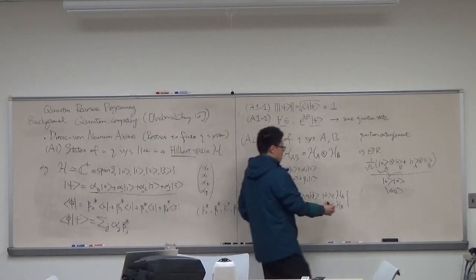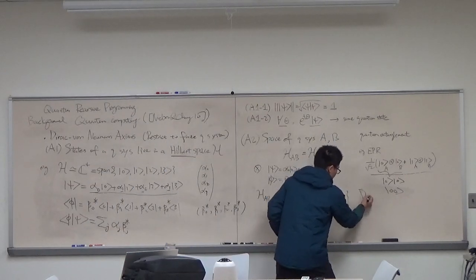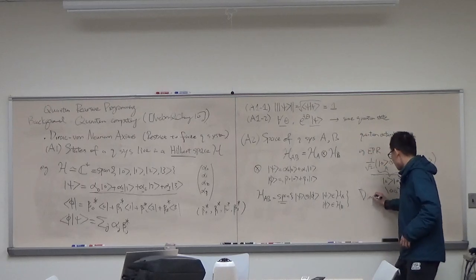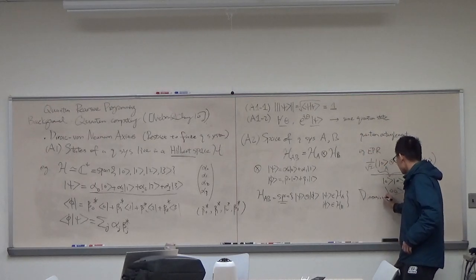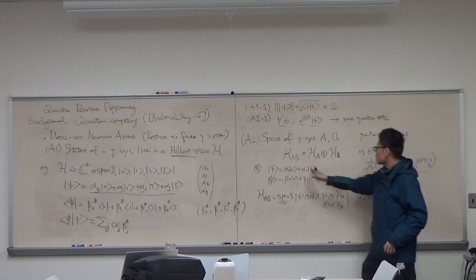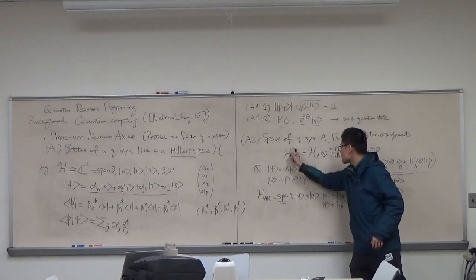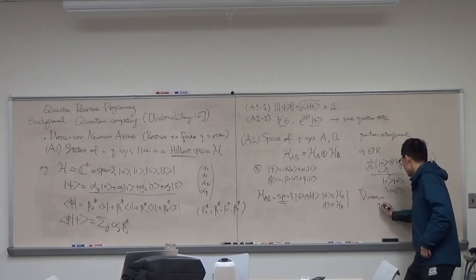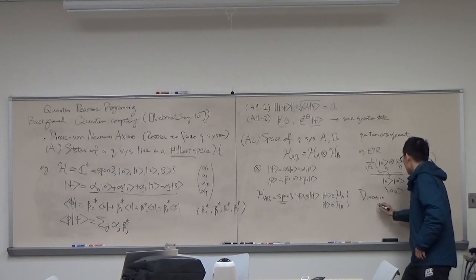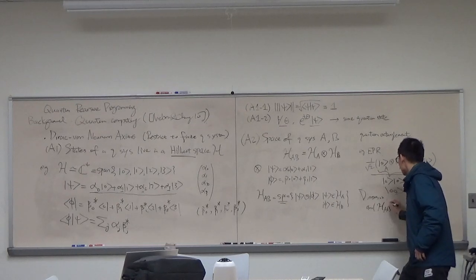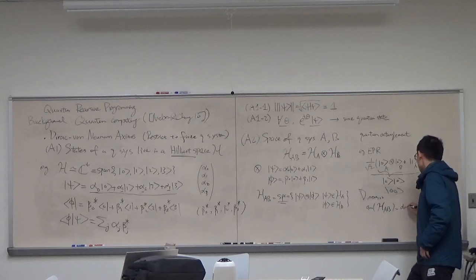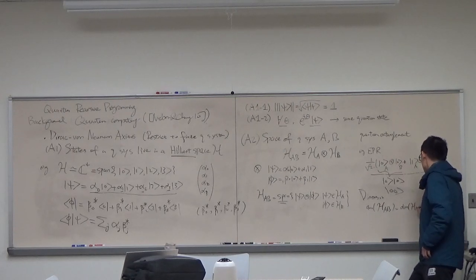Also, I would like to mention that the dimension of the composite system H_AB is the dimension of H_A times the dimension of H_B.